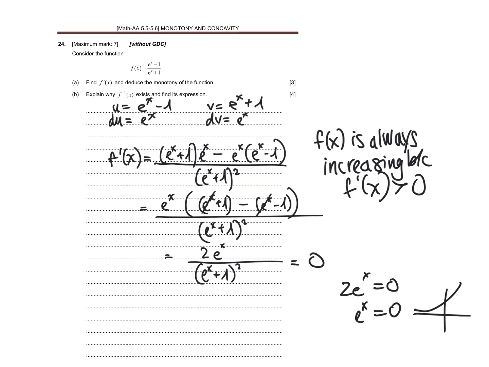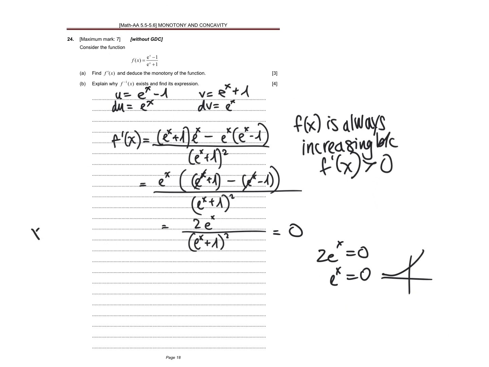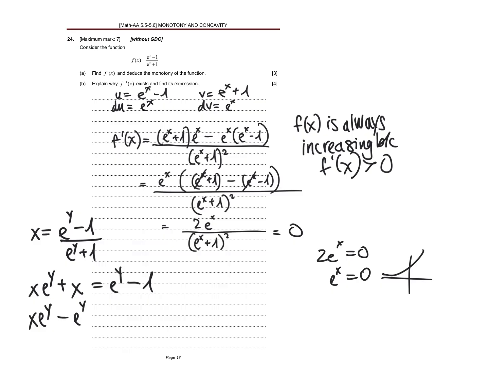And now we have to find the expression. So we're going to have x equals e to the y minus 1 over e to the y plus 1. So cross multiplying and getting the y's all on one side and everything else over. So we're going to have x e to the y minus e to the y equals negative x minus 1.